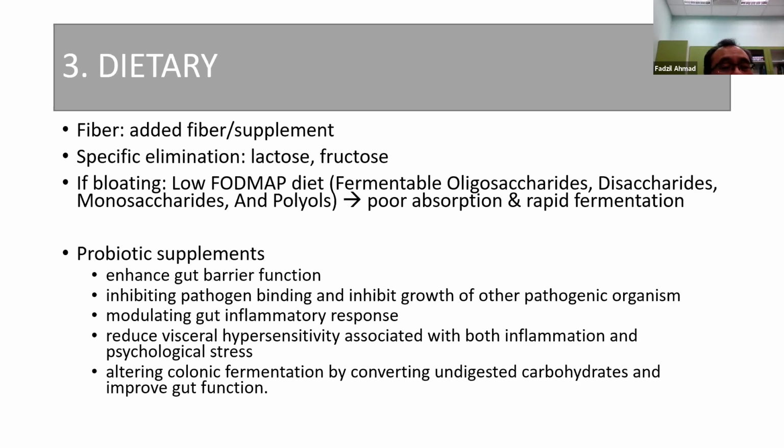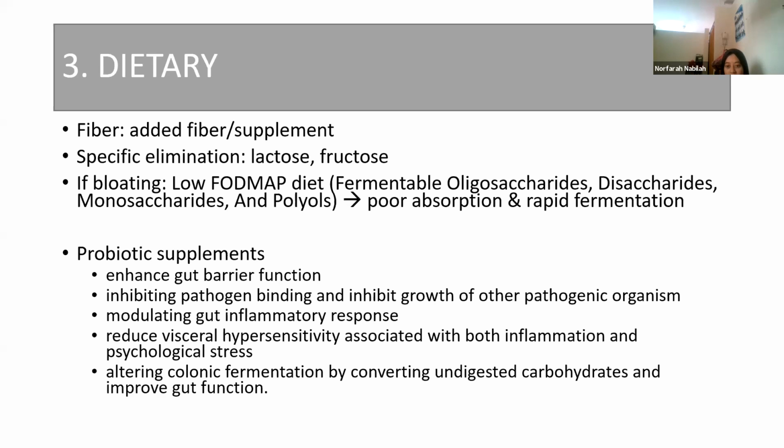Read the probiotic supplement. Okay, so for probiotic supplement, this again I get from the NCBI. It is important to give because probiotic supplement can enhance the gut barrier function, and also it can inhibit pathogens from binding and inhibit the growth of other pathogenic organisms, and from that it can modulate the gut's inflammatory response.